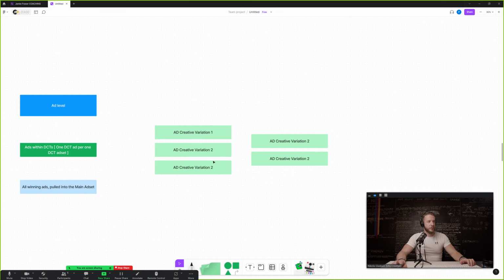Ad creative variation number 3. This is headline 1, headline variation 2. Let me rename this.